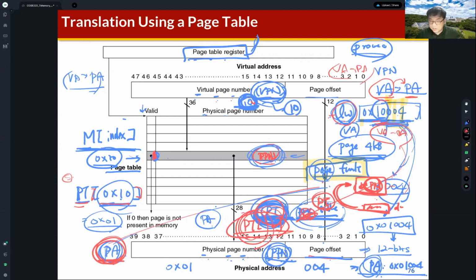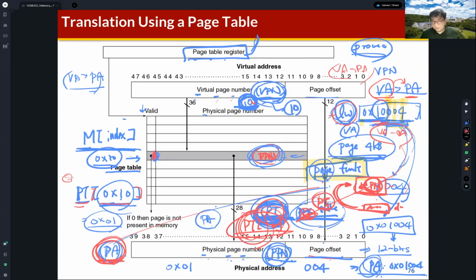We have a cache hierarchy to reduce the accesses to main memory, because main memory is very, very slow. But for the translation of a virtual address into a physical address, we need to access main memory. It's ridiculous, right?